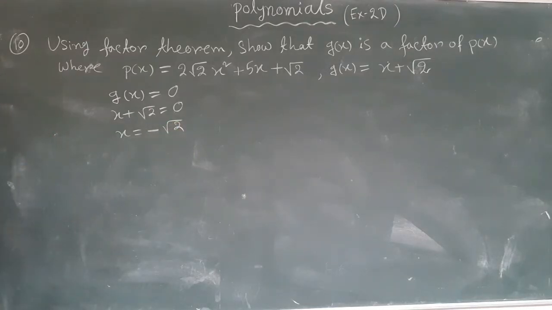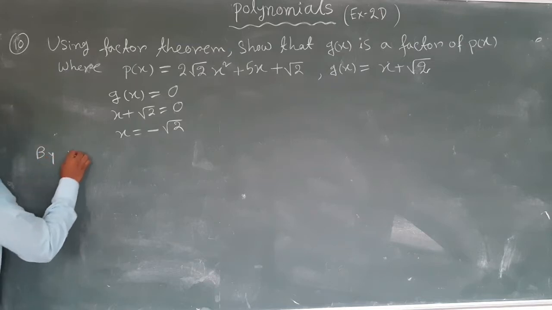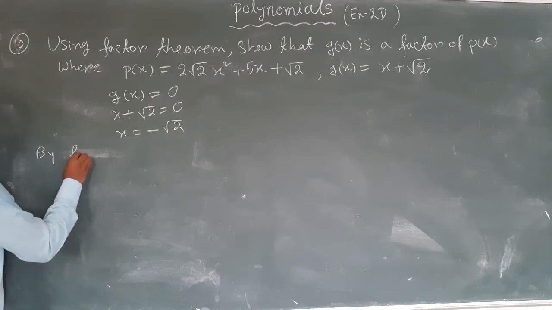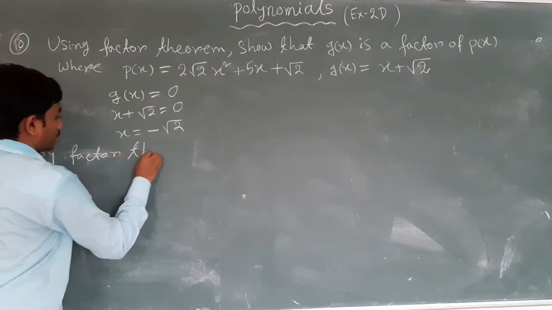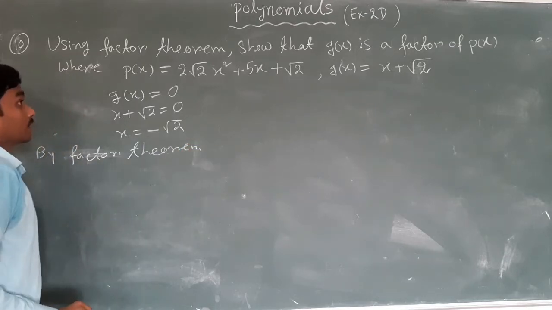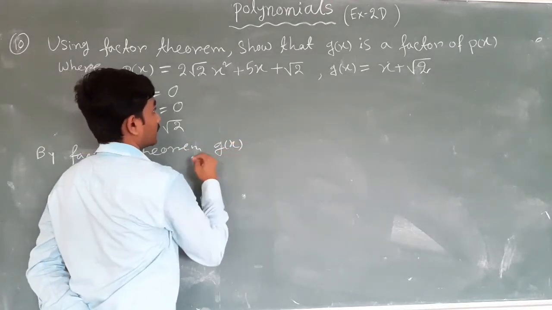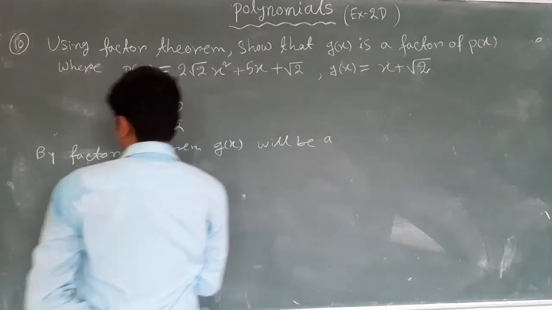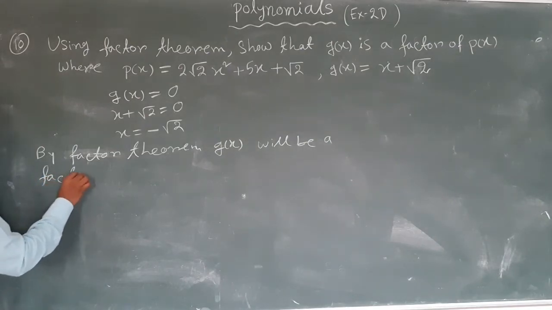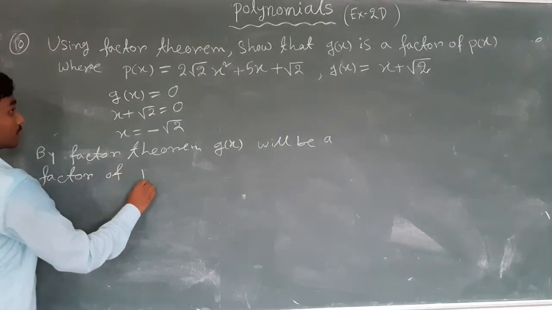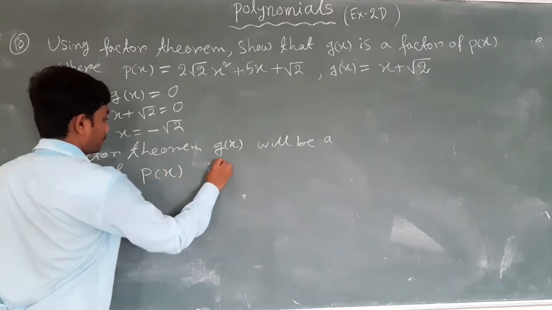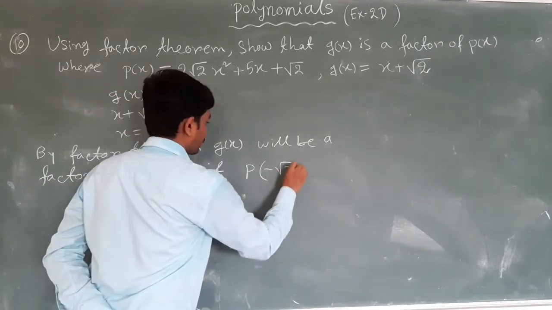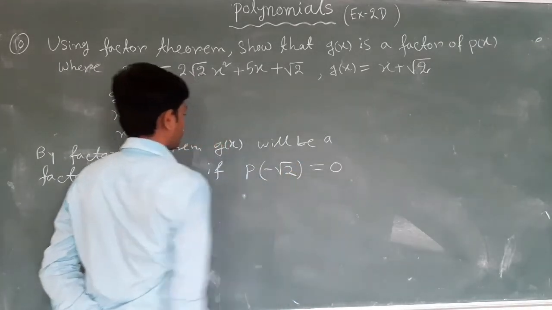So by the factor theorem, g(x) will be a factor of p(x) if p of minus root 2 is equal to 0.